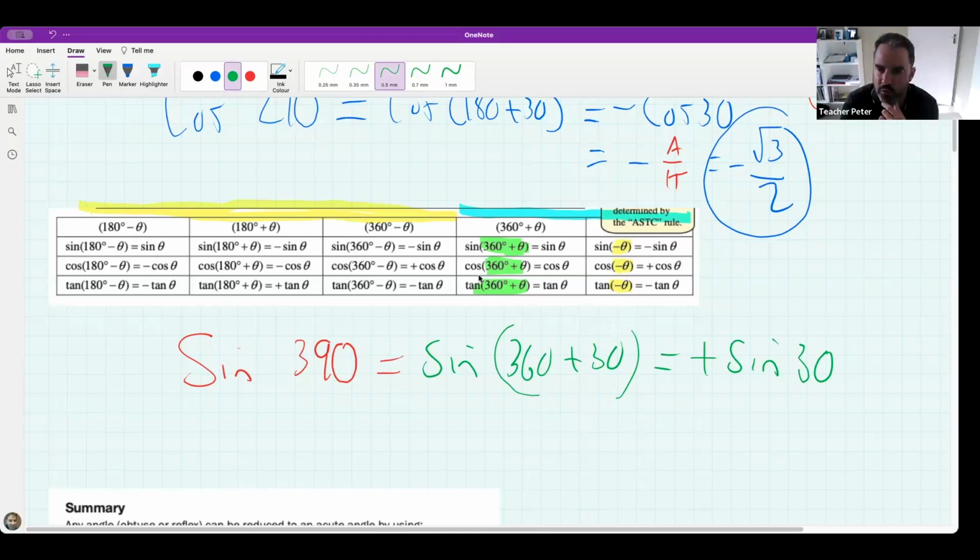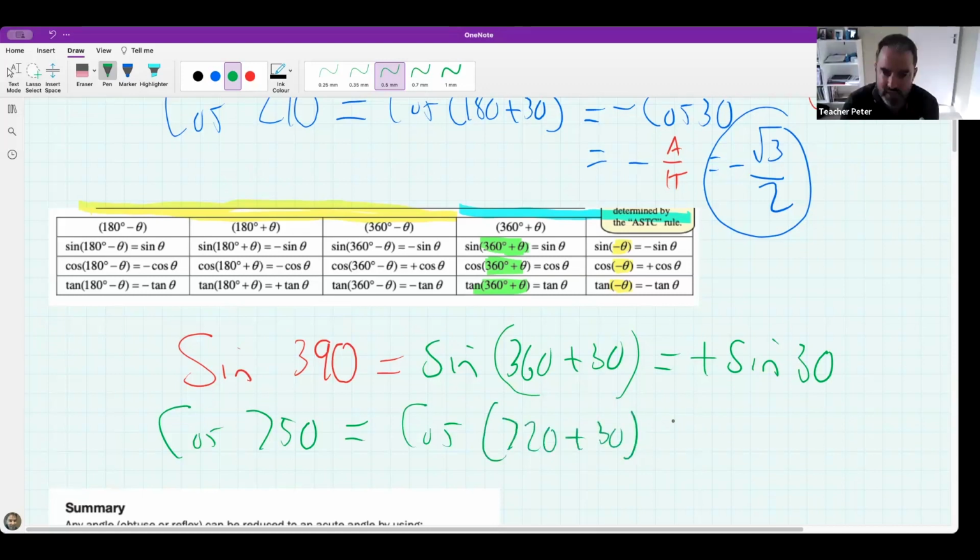So that's how you do it whenever an angle is really big: you put it in terms of multiples of 360. Another way this could work is if you had the cos of 750. For that one, you would write it not with one 360, because actually 2 loops of 360 would be needed, and then 30.